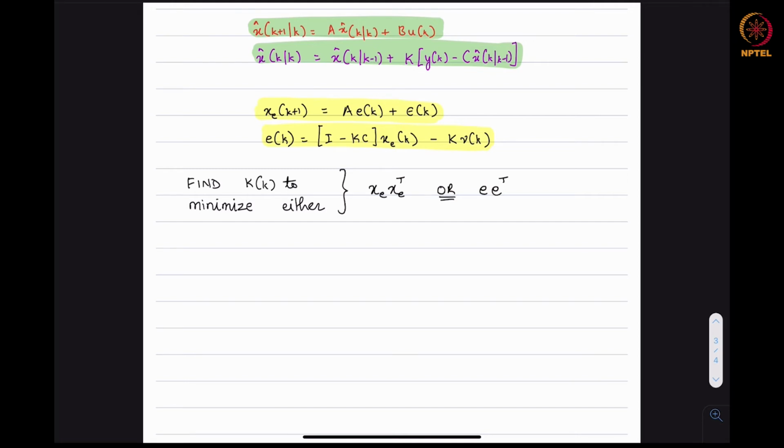So let's look at what XE is going to do. We can write X E K as A E K minus 1 plus epsilon K minus 1.